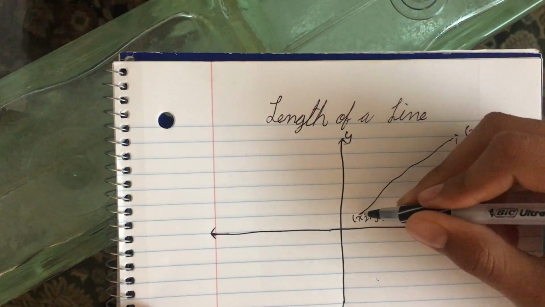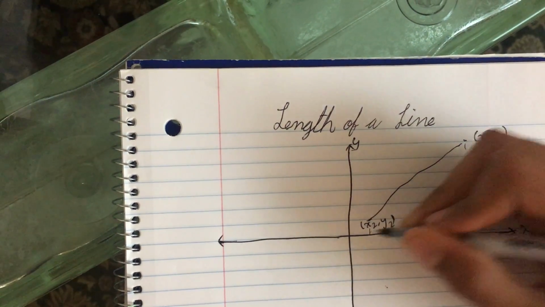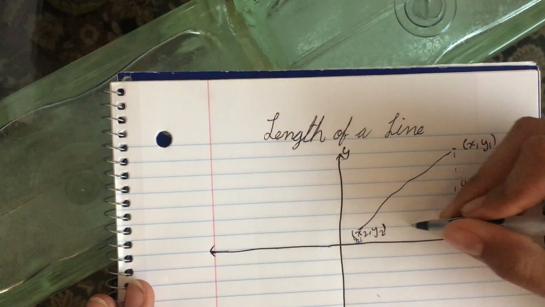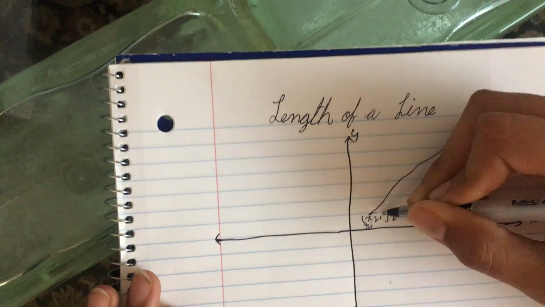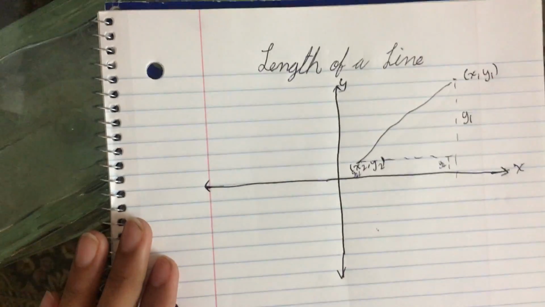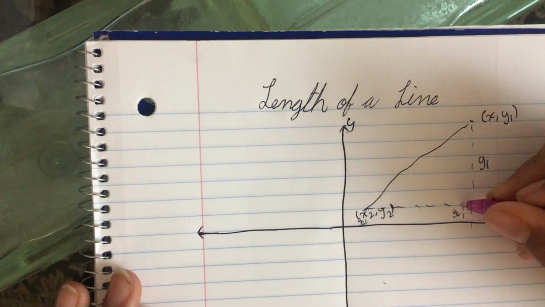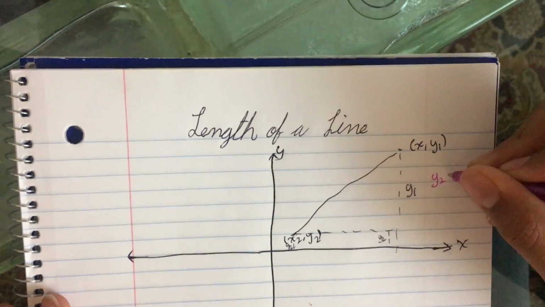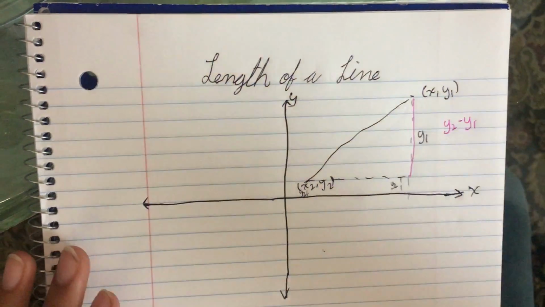And if I drop down from this point to the origin, it's y2. This is y1, this is y2. If we want to find the total distance of this line, it's going to be y2 minus y1, just to find this distance here. Okay.